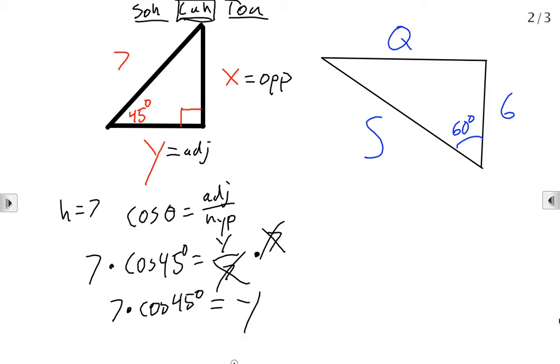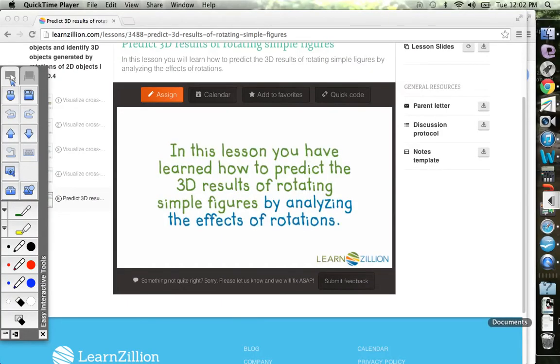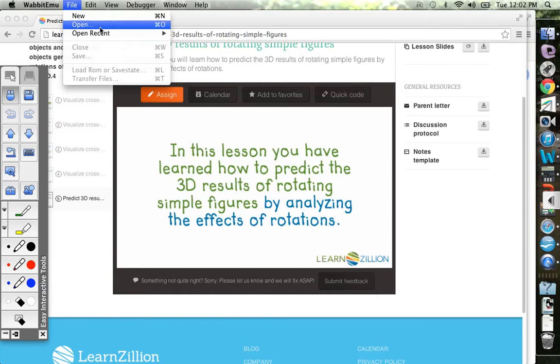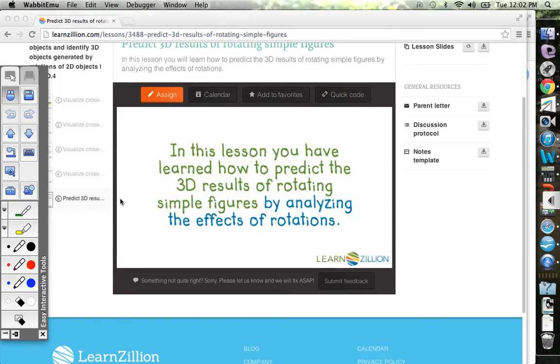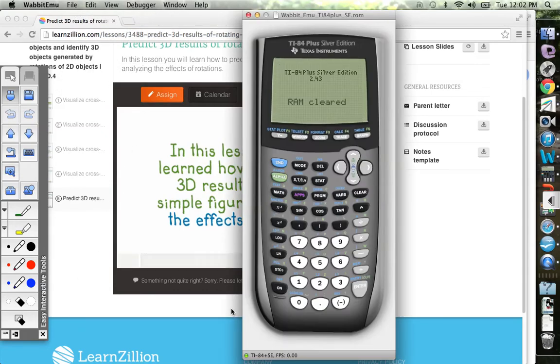And that's something we can type out with a calculator. Remember, when you use a calculator, you always want to make sure you're in degrees. If this is 45 degrees, we need to check our mode. So let's use the calculator that's on my computer so you can see that happening. Let's open her up. We need to check our mode. Let's go to mode.